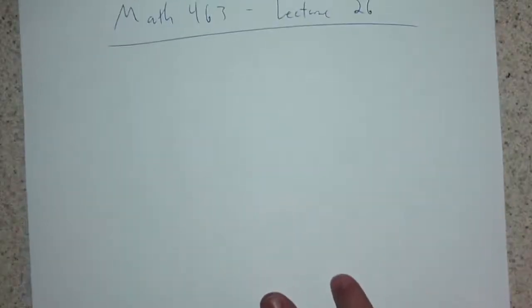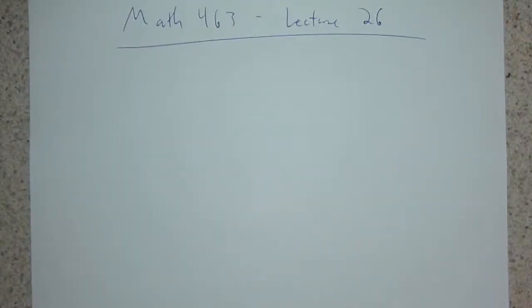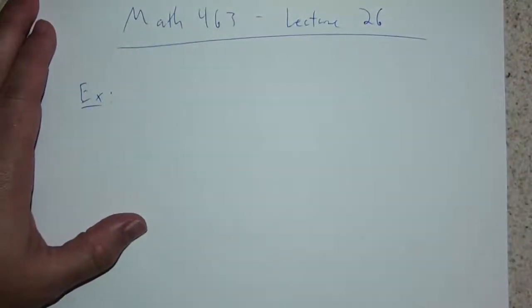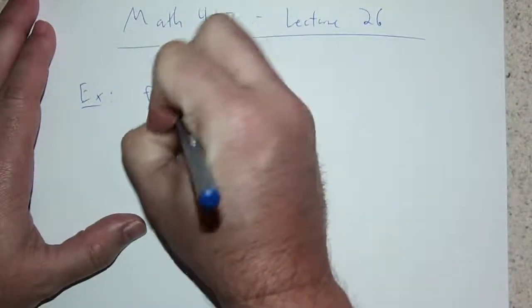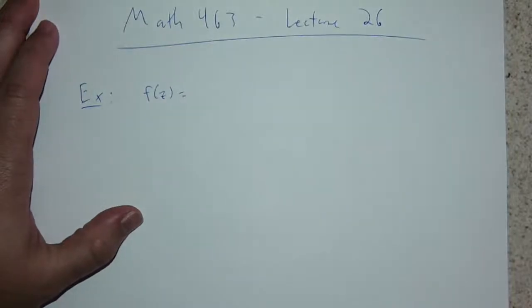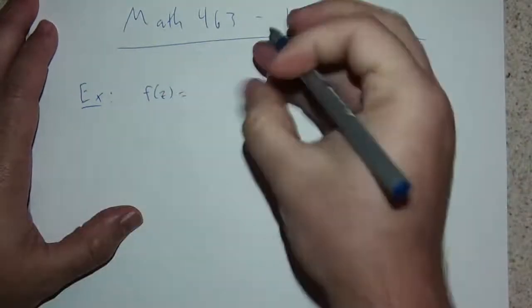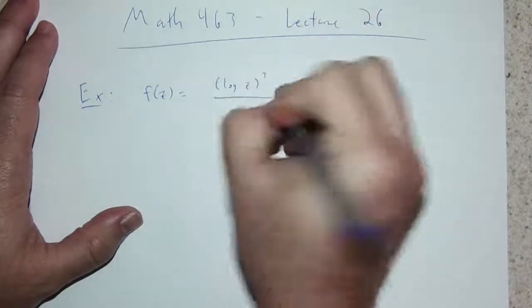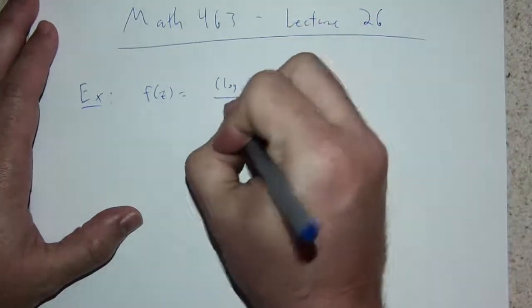Here's another example, where we can use this also when we're talking about multi-valued functions. Let's say that we have the function log z cubed over z squared plus 1.